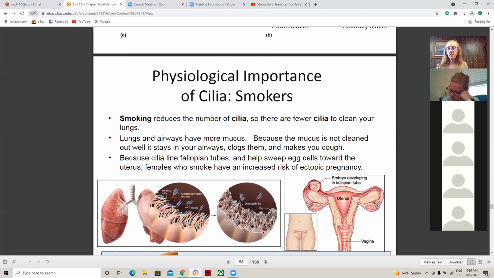As a result, there's more mucus because your body has to figure out how to keep things clean. If you have less cilia, your body's going to generate more mucus. Because the mucus isn't cleaned out as well, it tends to clog your airways and makes you cough.